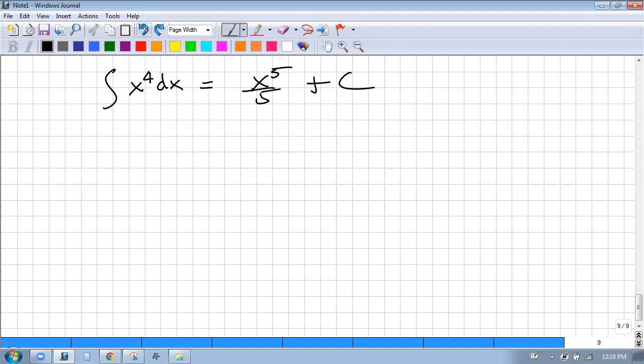Instead of multiply by the exponent and then subtract 1 from the exponent, we do the exact opposite in opposite order. Add 1 to the exponent and then divide by it. The exact same thing we've done over and over again, just in reverse order. Does this make sense? So if I have the integral of x cubed, all right, I'd add 1 to the exponent and divide by it and add a constant.